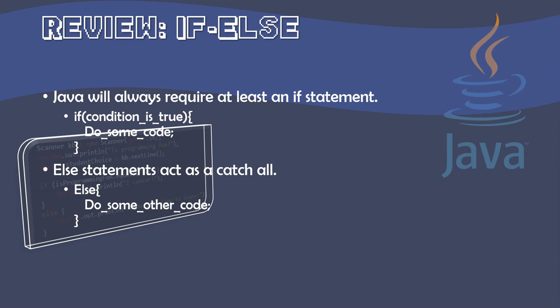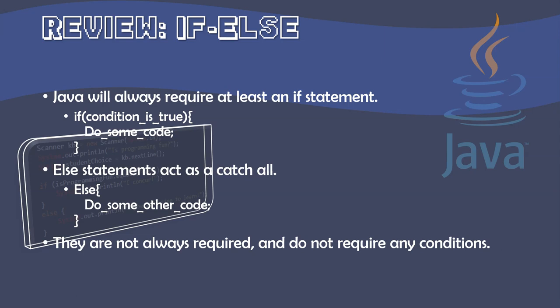So if it doesn't meet a certain condition, the else statement will always be like, hey, this is what I want you to do if you can't do anything else. So we're going to say else and then do some other code underneath it. Now, while else statements are not always required, you will also notice that they don't have any conditions. If you'll see it says condition is true, else doesn't have that. And so that's just one thing to keep in mind when we start writing our else statements, is that they don't require any conditions.